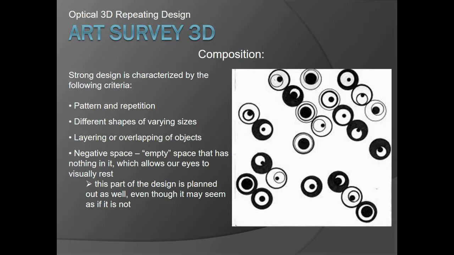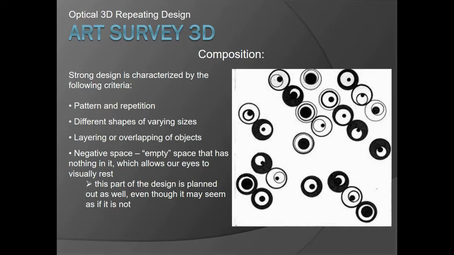So this image here does all of that, even though it's just using simple circles. So we have pattern and repetition created by having a circle repeated over and over again. If we think of each circle as an individual circle, they are overlapped on top of each other. A black circle on top of a white circle. They're also in different sizes. So we have some small circles, some medium-sized circles, some larger circles.